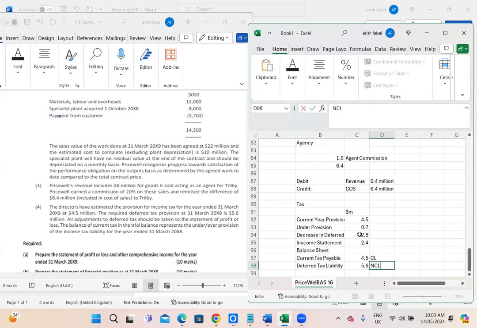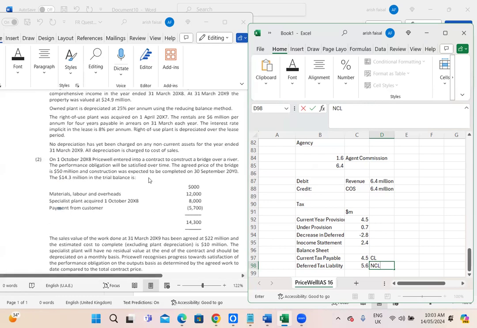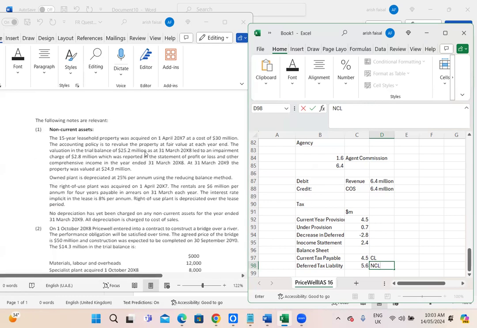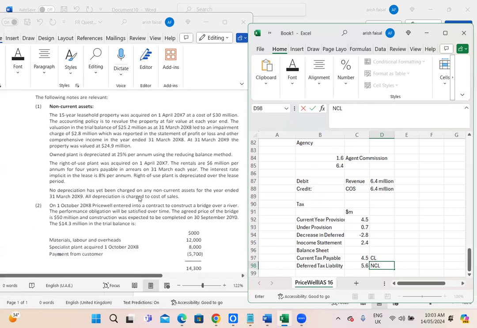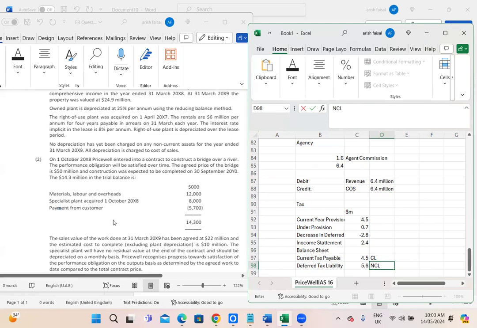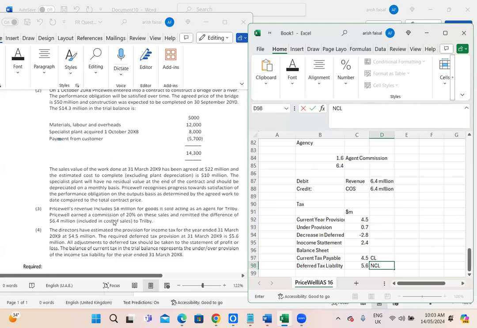That's all in this. So once we have finished our workings, which included your depreciation, your reversal of revaluation, your lease liability, then your construction contract to make a bridge on the river, you had an agency relationship over here, and you have your tax calculation.